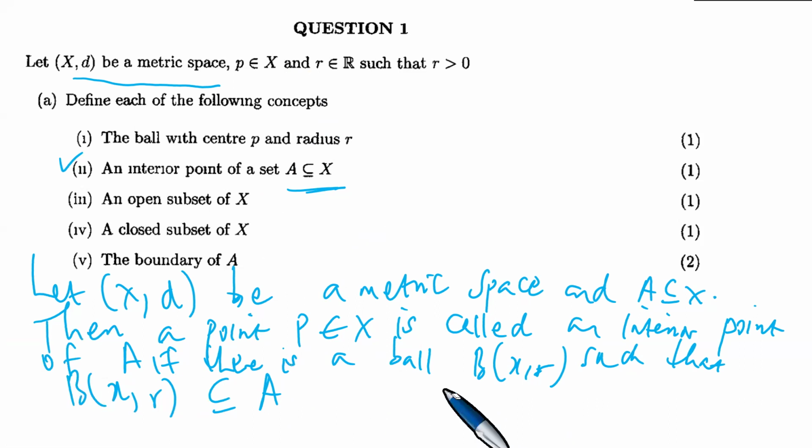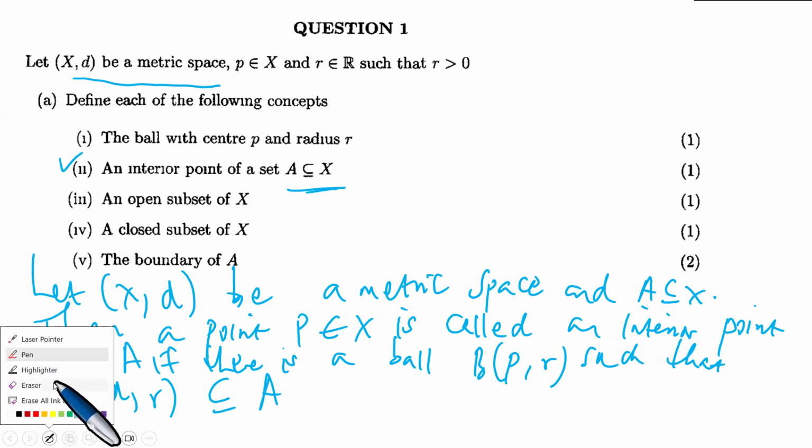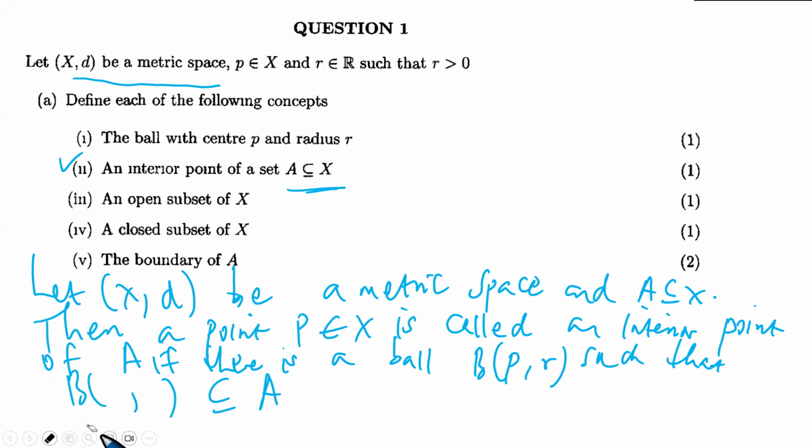and this ball, you can change the name, but in the context of the question you'd say center P and radius R. There's a ball of center P and radius R such that this particular ball B(P, R) is a subset of A. What does this mean?